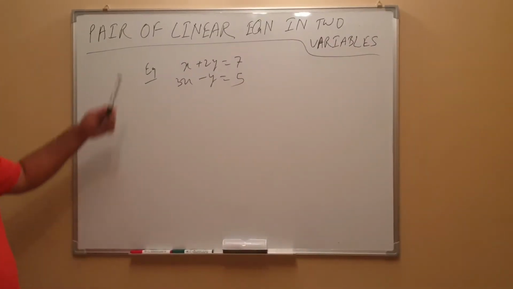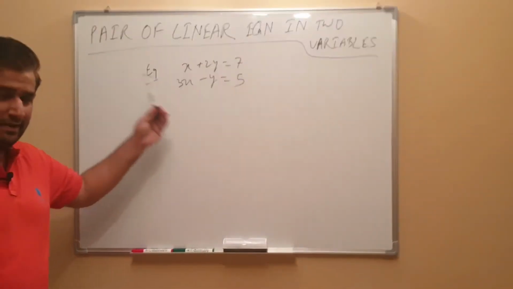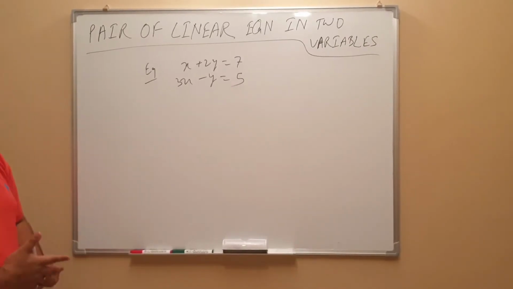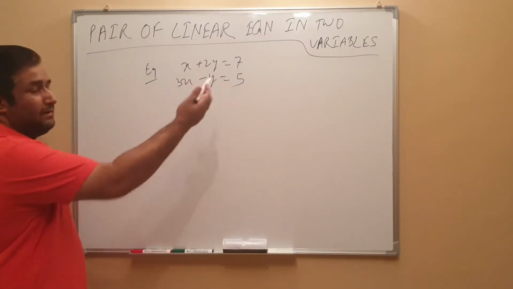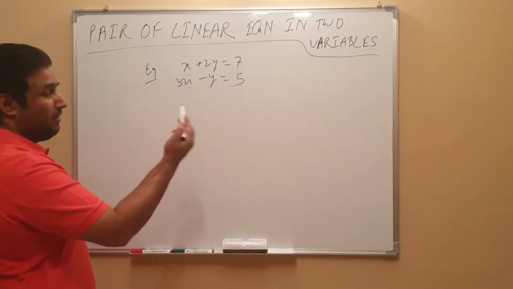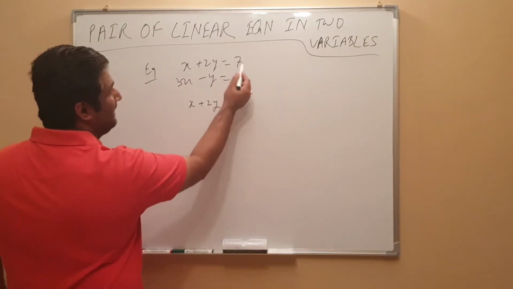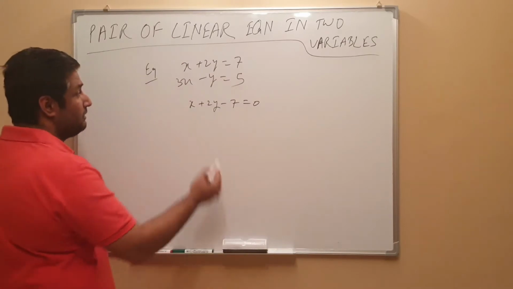Okay guys, so for the example which we have already taken, let us find out whether it has a unique solution, or infinitely many solutions, or no solution. First of all you have to convert it back to the general form of the linear equation, which is x plus 2y, and this 7 will come to this side and become negative 7, equals 0.